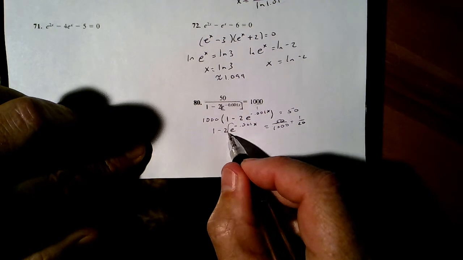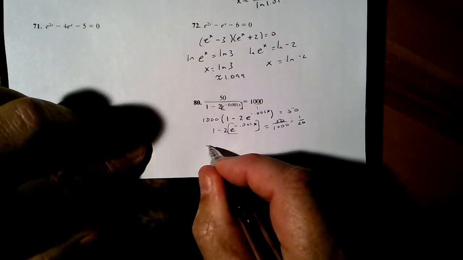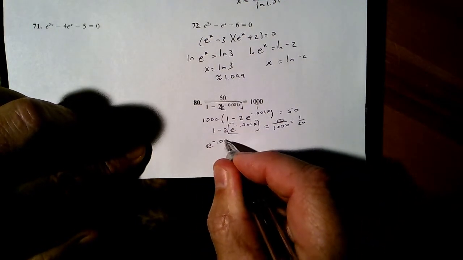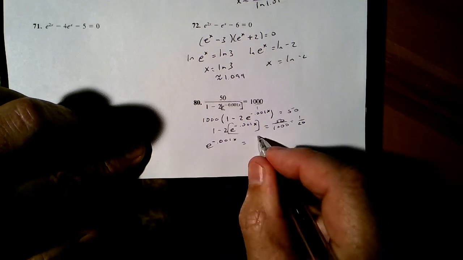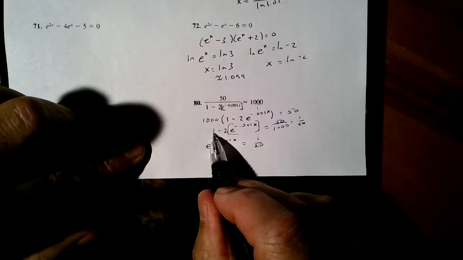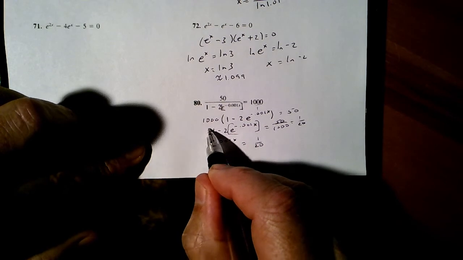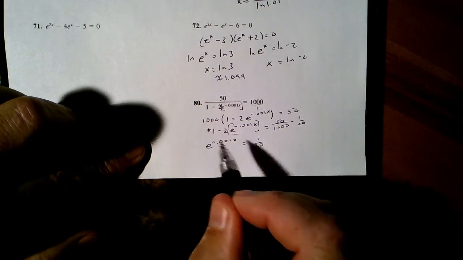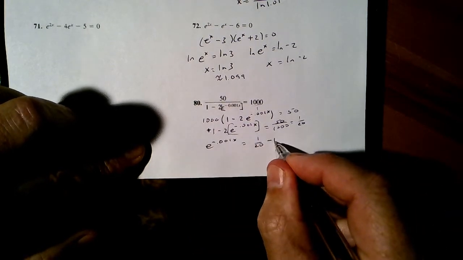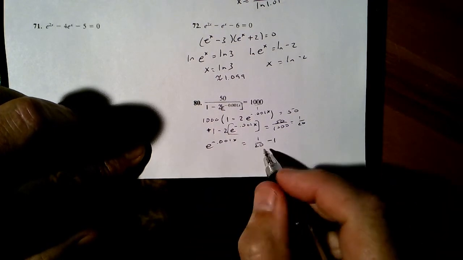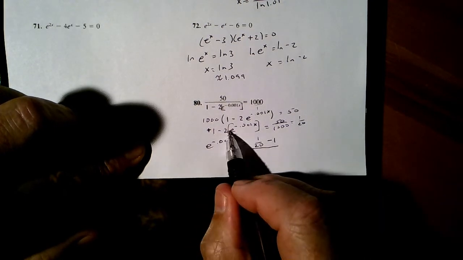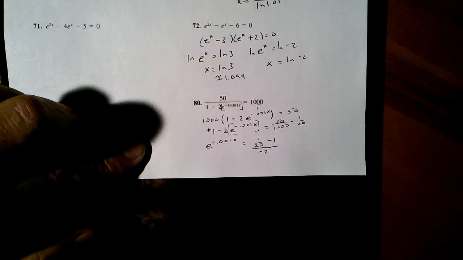Let's see. I want to get this alone. So e to the negative 0.001x equals, it was 1 on 20. I have to subtract away this plus 1 out in front of here, minus 1. And then I need to divide away, because this is attached with multiplication, negative 2.